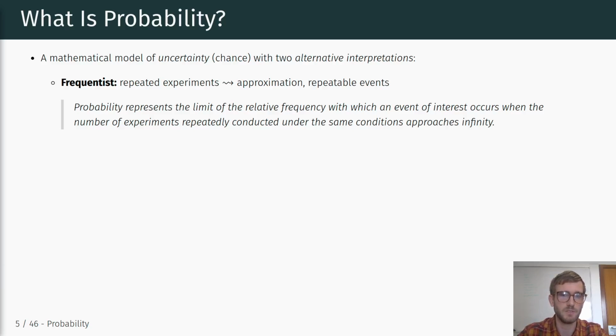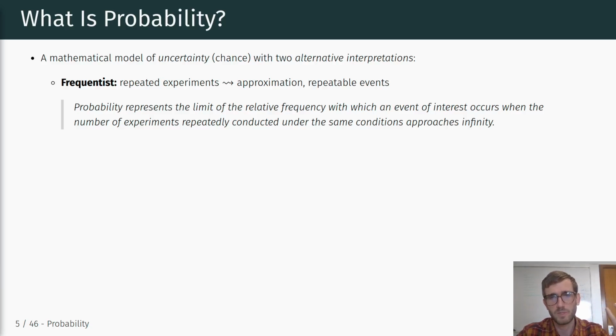Other examples: if you look at the weather forecast and you see the chance of rain tomorrow is 80% or something like that, how do we think about these probabilities in the context of repeatable events? It's not like we can repeat tomorrow multiple times and then look at the relative frequency of rain happening versus not, right?